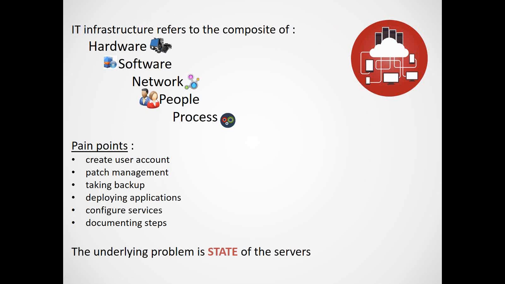So how are we going to maintain the state of all the different machines, wherein each machine has different kinds of requirements? That is the major problem that an organization will be facing in maintaining the infrastructure.